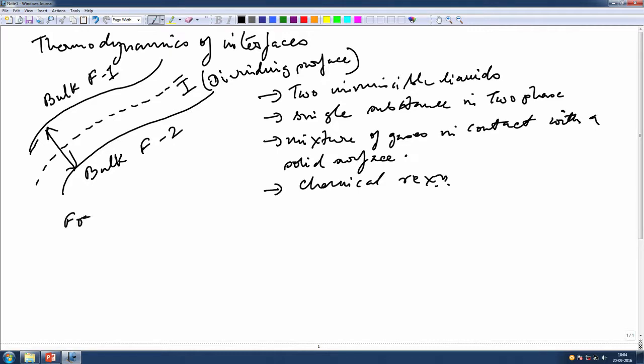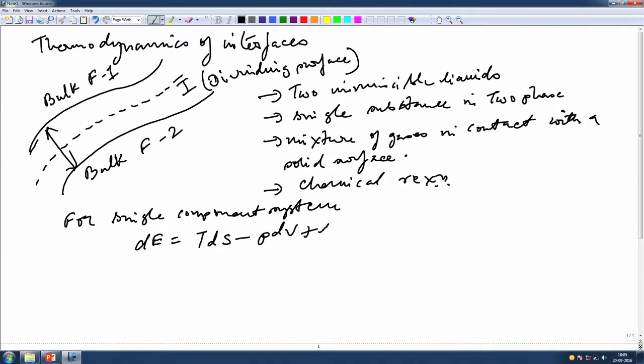Now, for single component system, let us just do a small recall from the last class or last classes. Basically, we saw that this happened. This we did in the last class, correct? This is valid for a single component system, right. Now, suppose the configuration of the volume and the surfaces 1, 2 and I, as it has been marked over here, are fixed. Okay.